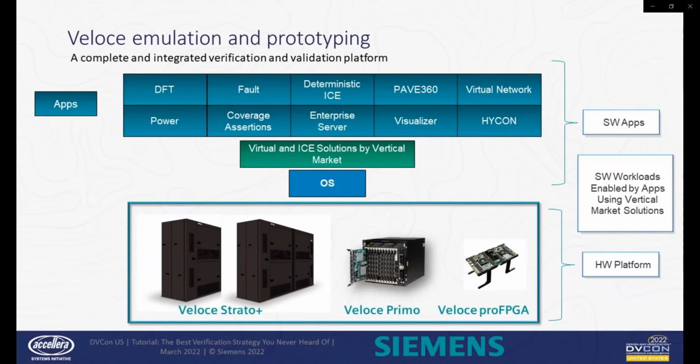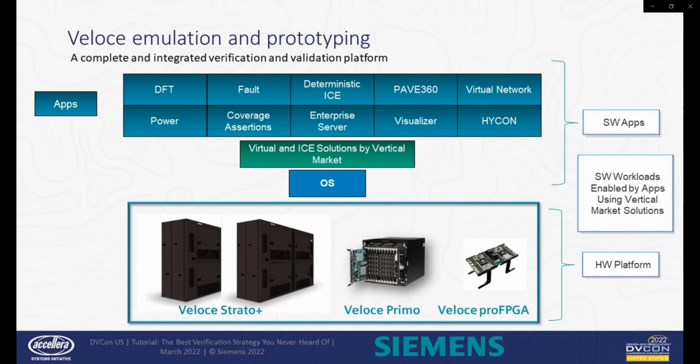They are customized and efficiently designed to address the specific challenge. For instance, our DFT and fault app focus on design for test and fault grading. PAVE 360 is a solution which addresses the automotive market. We will discuss further some of the apps during this presentation.